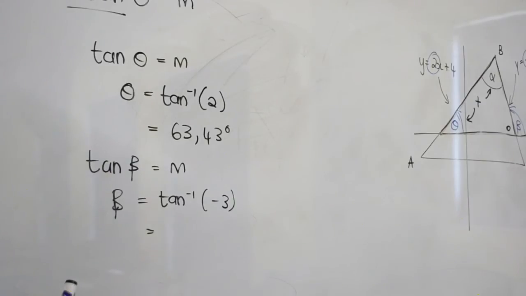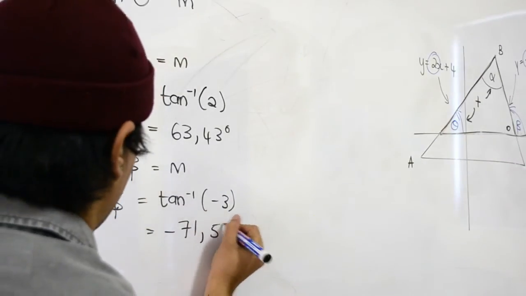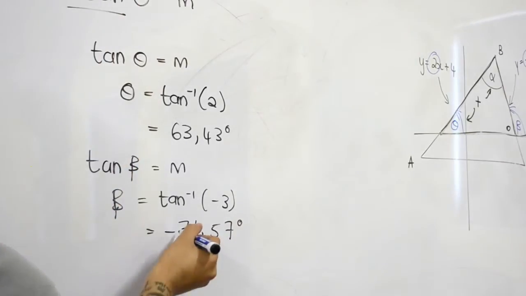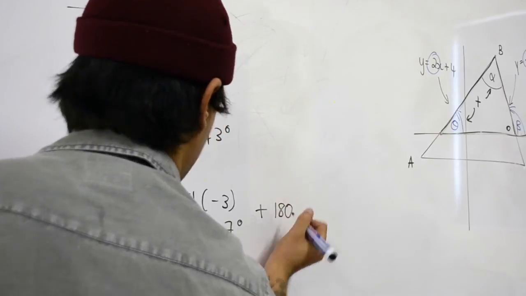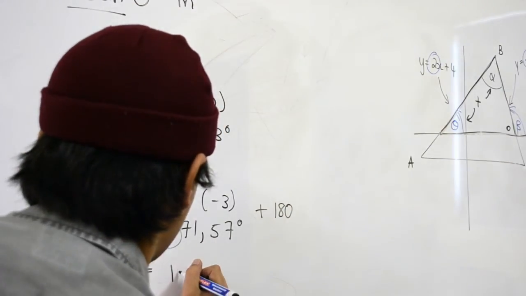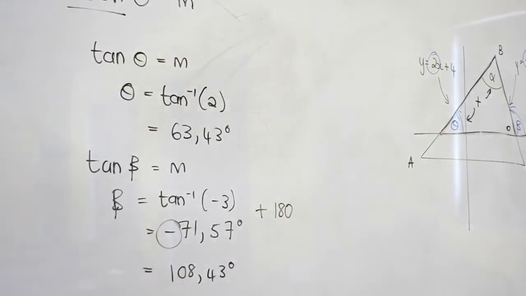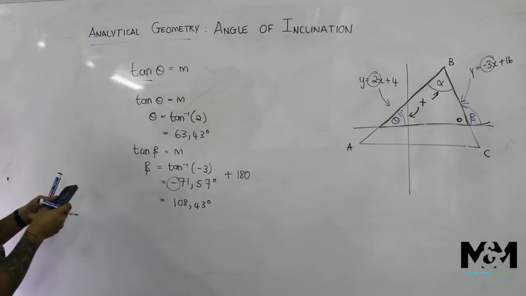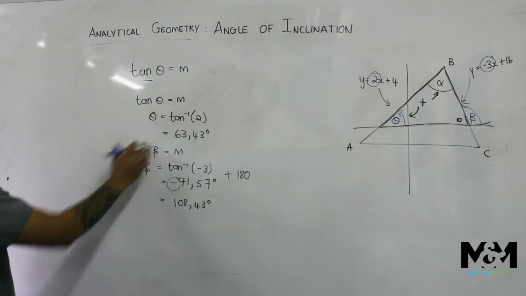I find out that I get -71,57 degrees, right? So we know when it has that negative, what I need to do, just plus 180. So what's that going to be? 108,43 degrees. Just double check, plus 180, 108,43 degrees. Right, so now we have beta and we have theta.